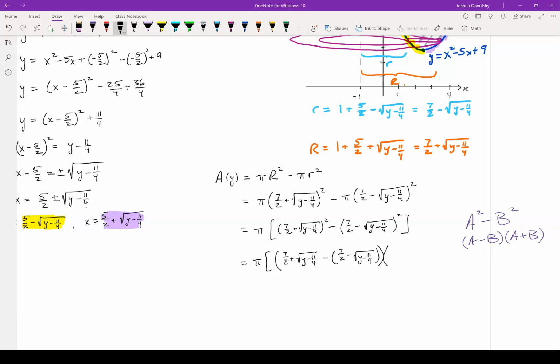And that's going to multiply our A plus B, which is 7 over 2 plus the square root of y minus 11 over 4, plus 7 over 2 minus the square root of y minus 11 over 4. Like that.